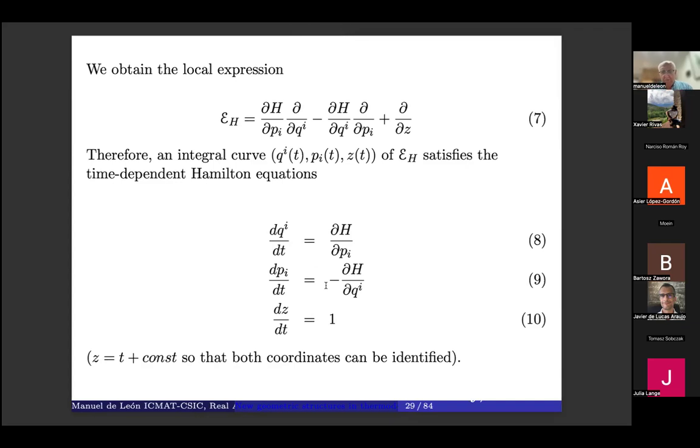And so this is the local expression of the evolution vector field in this cosymplectic case, and this just gives the evolution of the Hamiltonian.